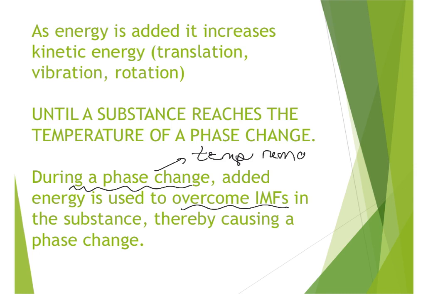So if you were boiling a cup of water and you put a thermometer in it, it would gradually increase, and then when it reached the boiling point of water, which is 100 degrees Celsius, it would stay at that exact temperature, 100 degrees Celsius, until all of it boiled off. I've always thought that's kind of interesting. And it's not that the energy isn't being used for something, it is. It's being used to loosen up intermolecular forces to allow for the phase change.